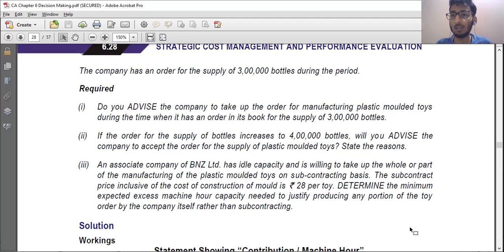Basically the complete thing revolves around the molding cost of 1 lakh rupees, where I need to cover the molding cost of 1 lakh. Because the molding cost is the fixed cost. So I need to manufacture a minimum number of toys so that I can cover my fixed cost and earn better than outsourcing it. You will understand more when we see it.